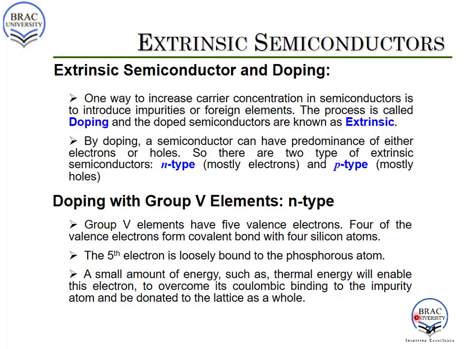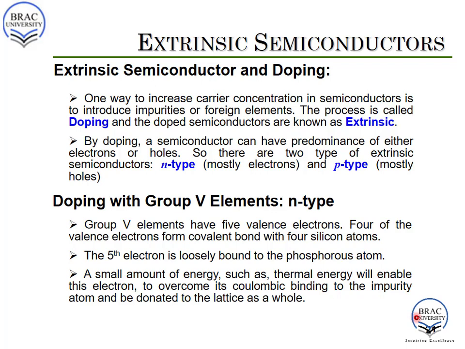Compared to the intrinsic semiconductor, where the conductivity is increased by providing external energy such as heat to create electron hole pairs, in the case of extrinsic semiconductor, the conductivity is increased by adding some impurity to it.